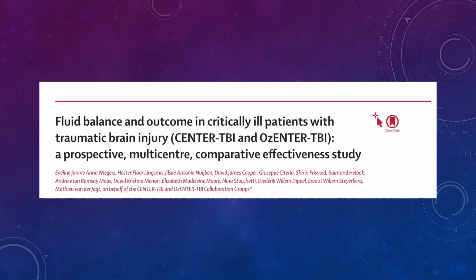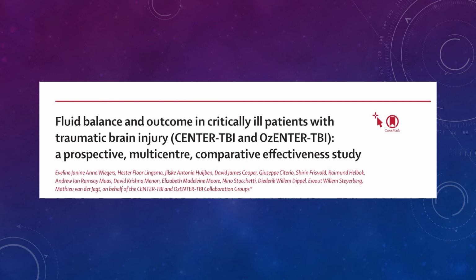And what they found was at 6 months, 46% of the patients had an unfavorable outcome, which was assessed by the Glasgow outcome scale. And a mean daily positive fluid balance was associated with higher ICU mortality and a similar unfavorable outcome on the Glasgow outcome scale.